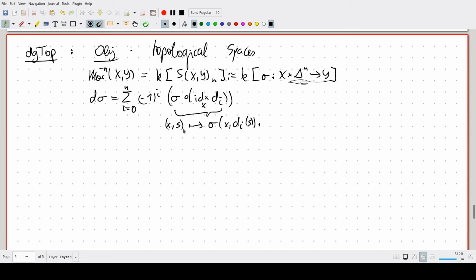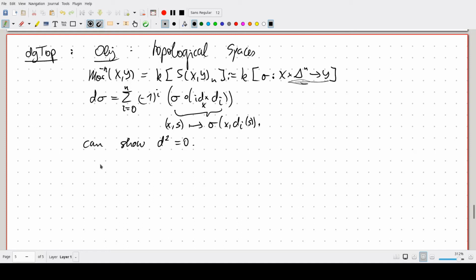So this looks a lot like how we defined singular homology, except that we keep around this other argument of sigma. And one can show that d squared is 0, so this indeed works nicely.